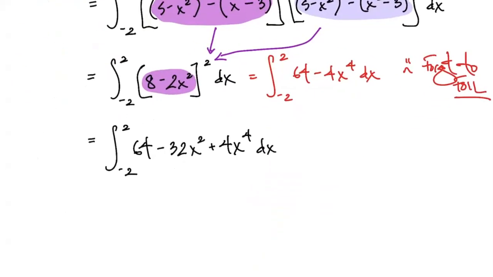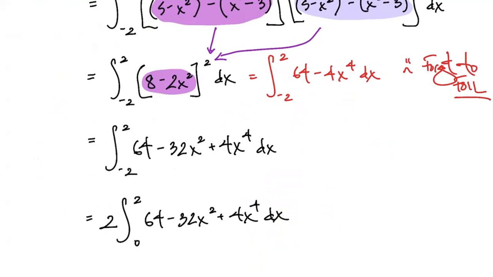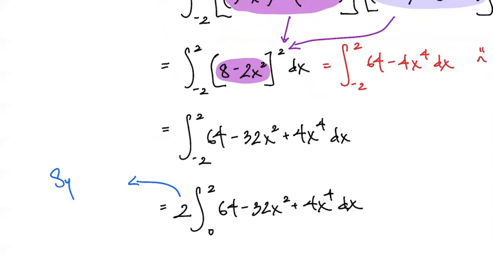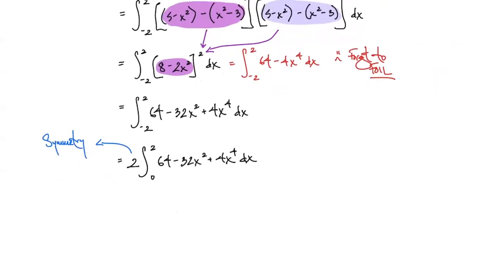And so if I go to my equation, I'm going to do this: the integral from 0 to 2 of 64 minus 32x squared plus 4x to the fourth dx. And because the right half is the same as the left half, I'm going to go ahead and double that. All right, so this 2 in the front is using the idea of symmetry to save us some calculating.